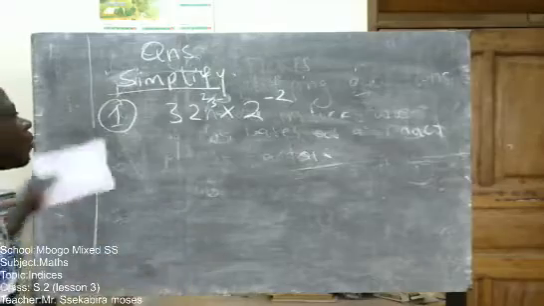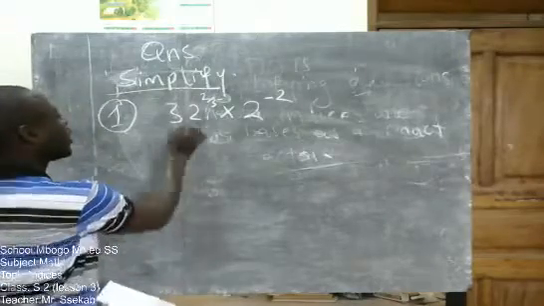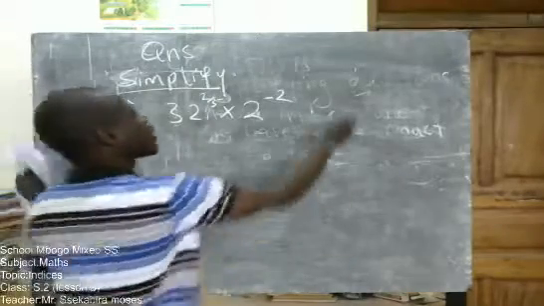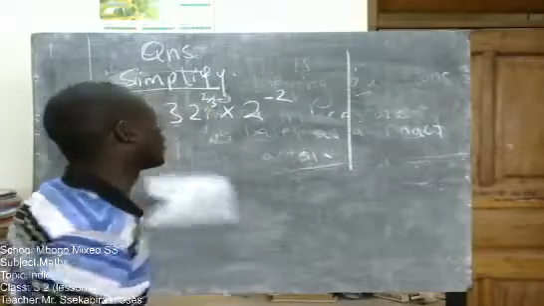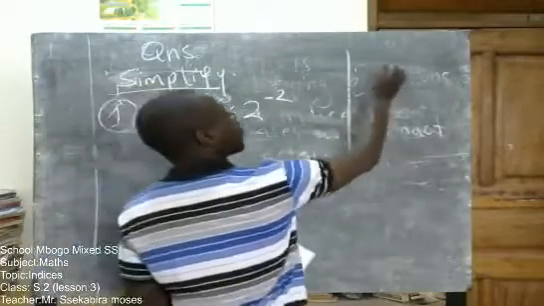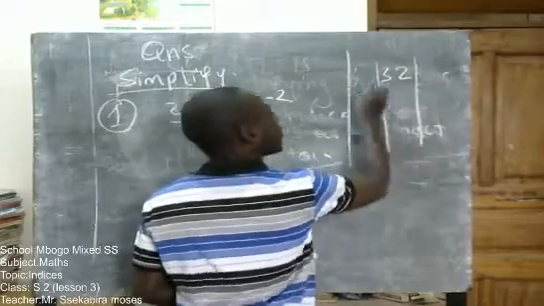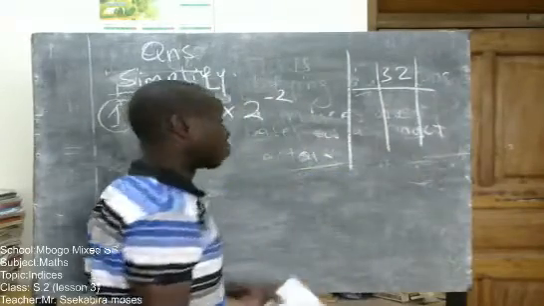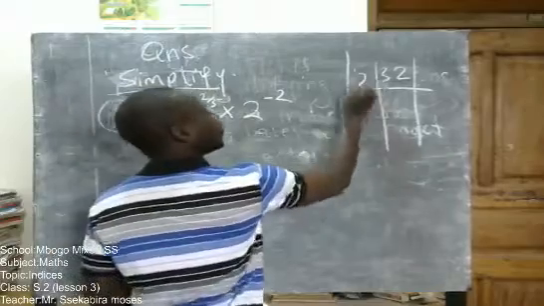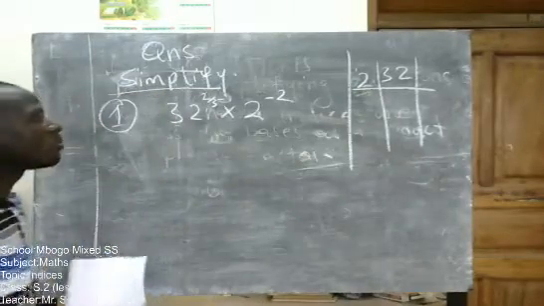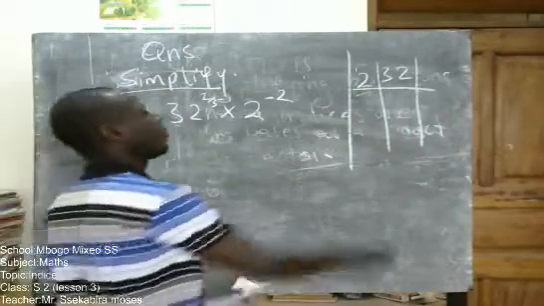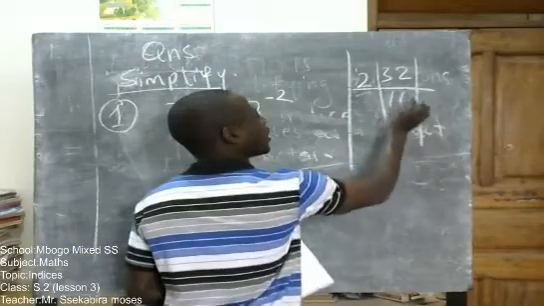We can go aside and express 32 as a product of prime numbers, such that we prime factorize 32. Which prime number do we use? It is 2. 32 divided by 2, what do you get? We come up with 16.